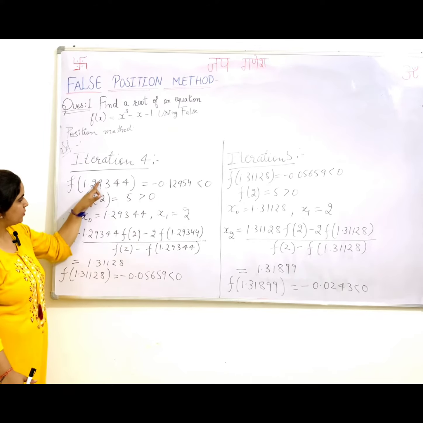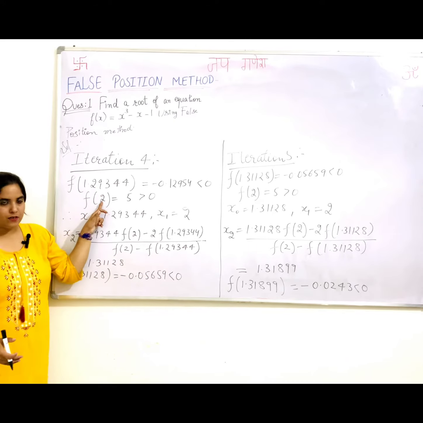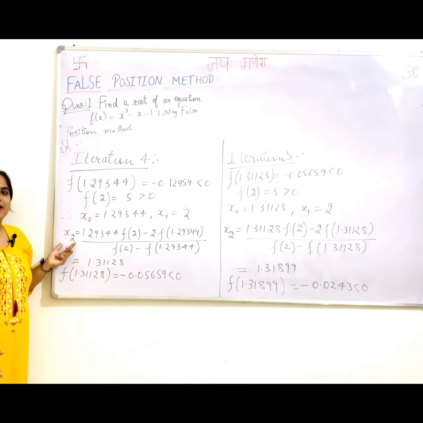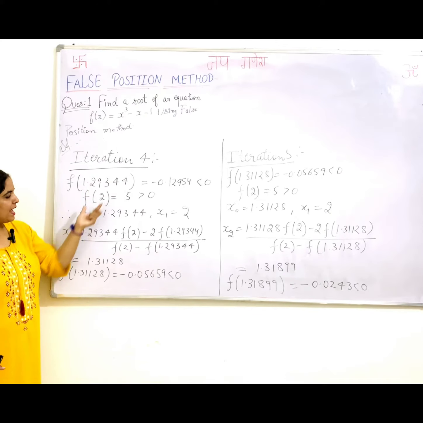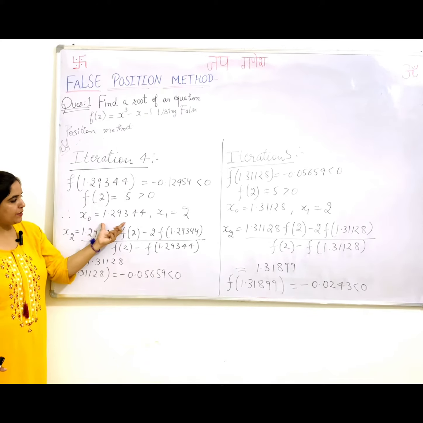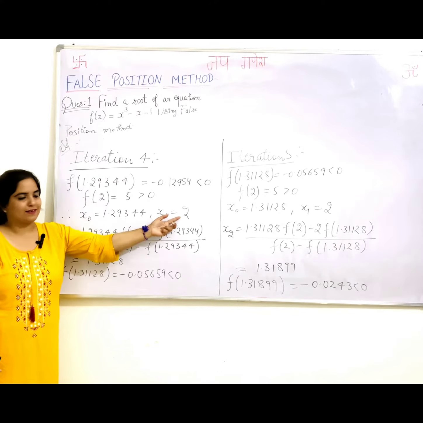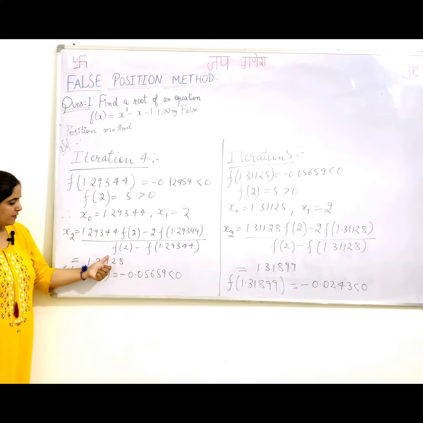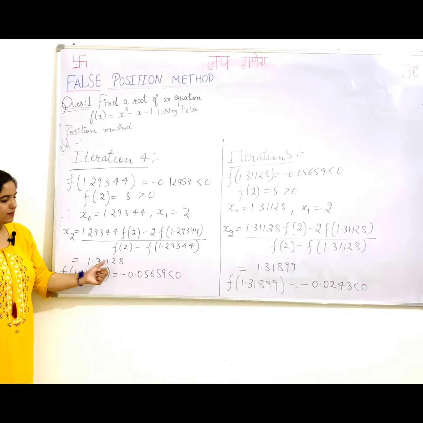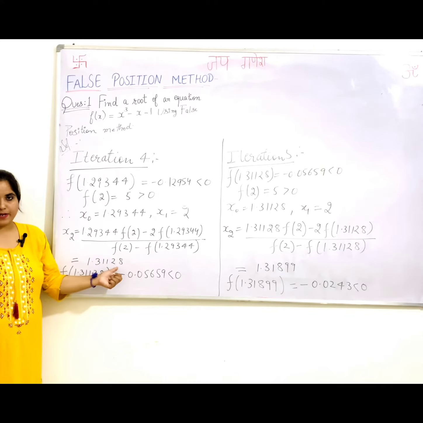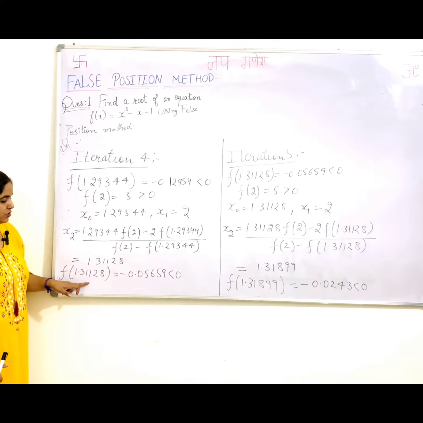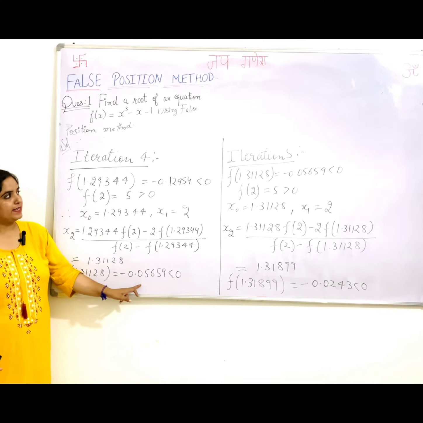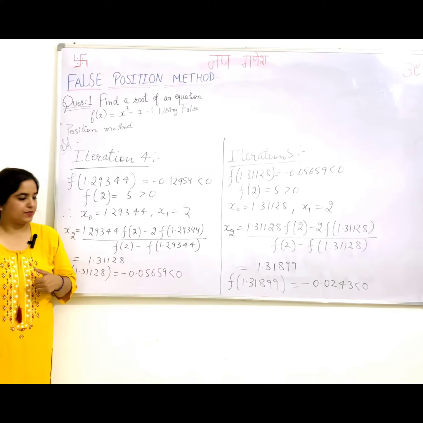So these both values will be combined to find out new x2 as we have been doing in the previous iterations also. So in equation 4, x0 will act as 1.29344 and x1 will act as 2. So substituting all values, new answer again 1.31128, and whenever we are getting a new answer, we are again putting in the given function and getting a new answer and then comparing again for the new iteration.